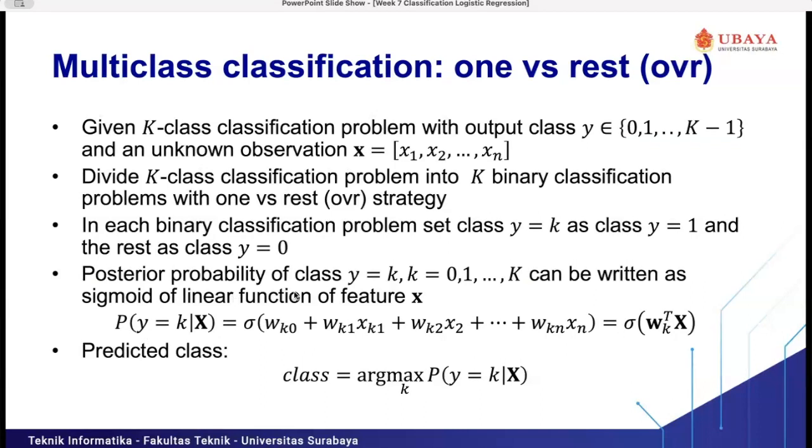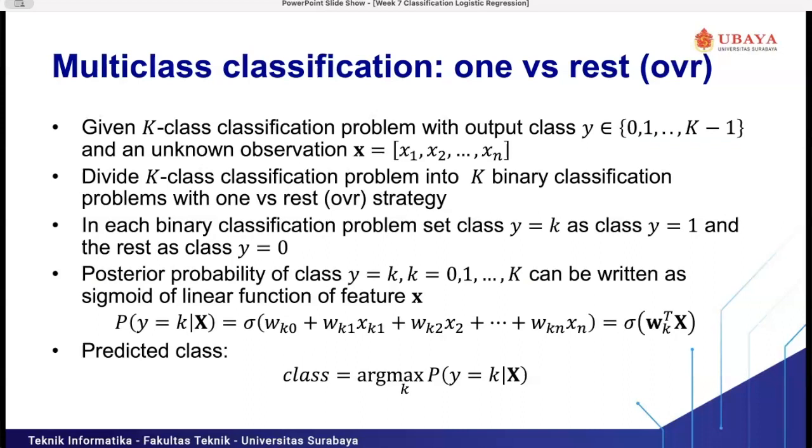The posterior probability of class y equal k, for k equal 0, 1 until k, can be written as the sigmoid of a linear function of feature x. This is similar to binary classification. The difference is just that we have multi-class labels.